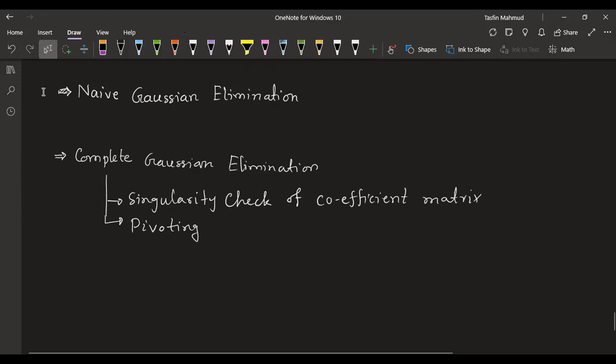By the way, we have other types of Gaussian elimination. We have Gauss-Jordan elimination as well. We only learned about naive Gaussian elimination till now, and now we will learn about complete Gaussian elimination. In Math 216, I guess you are familiar with Gauss-Jordan elimination as well.